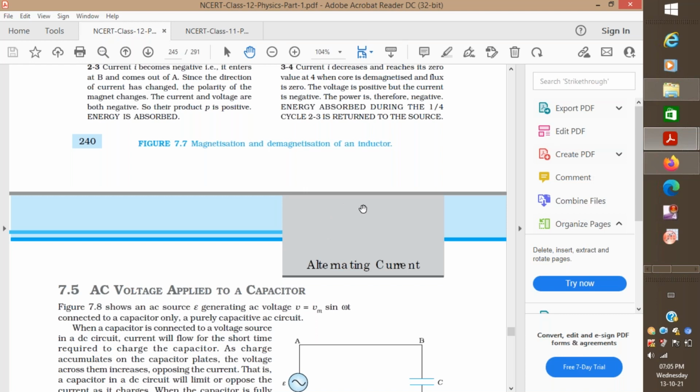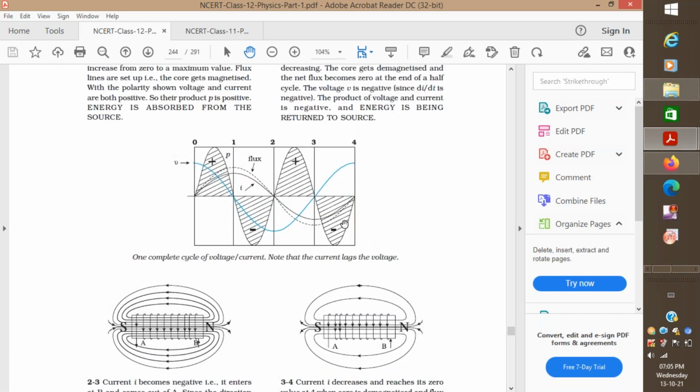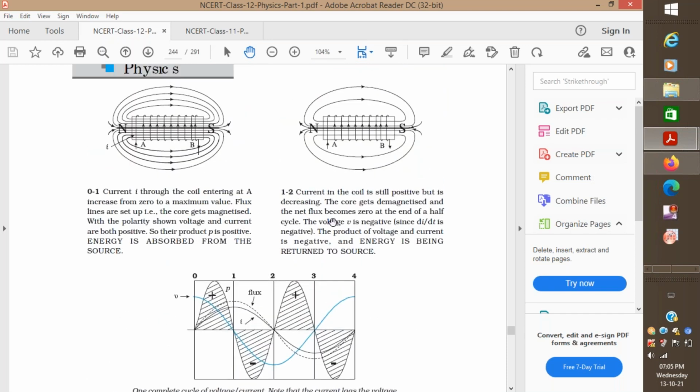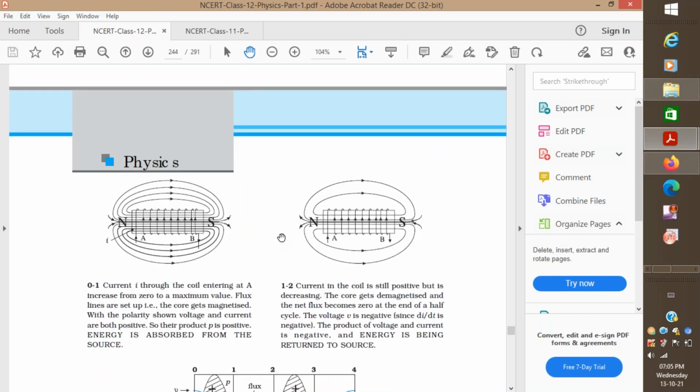I hope you are understanding and reading your textbook properly. If you have any questions, you can ask me anytime. Even if we discuss something else tomorrow or the day after, you can still ask any question in this inductor part, or any part of this chapter, if you have any doubt.